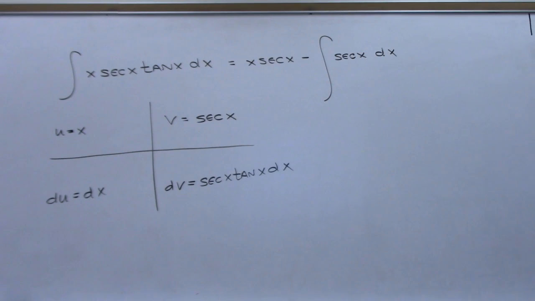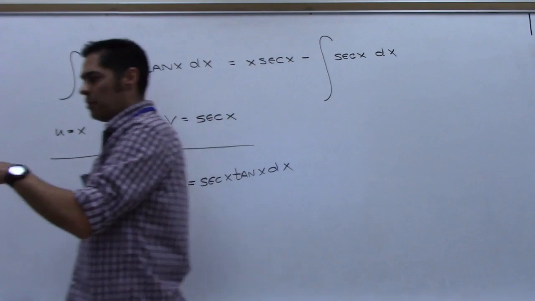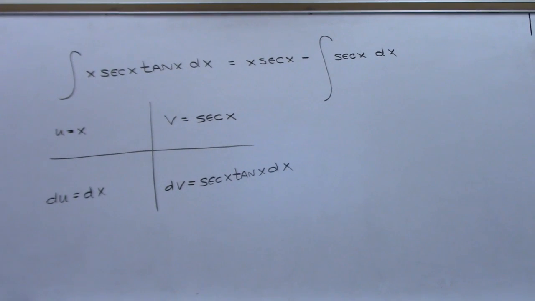And then you need to know what the antiderivative of secant is. But it's on your formula sheet, and you have to have known that it was on your formula sheet. Reference page 6, it's formula number 14.